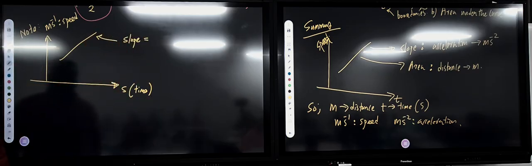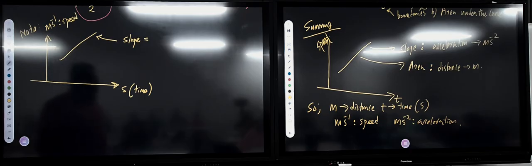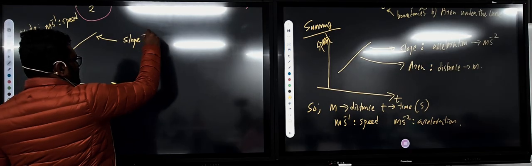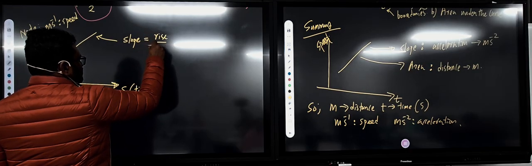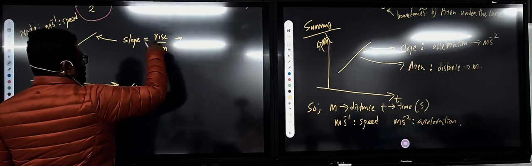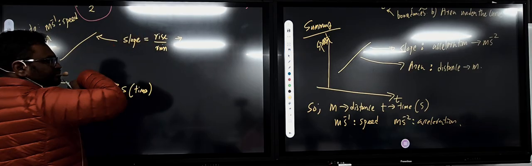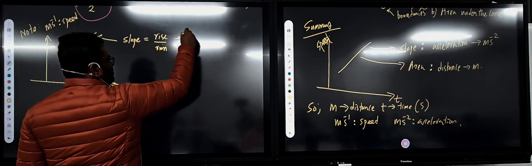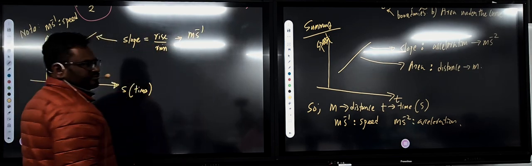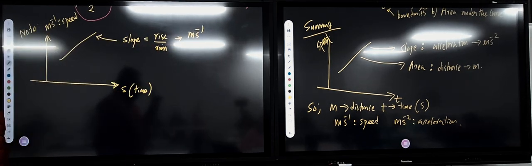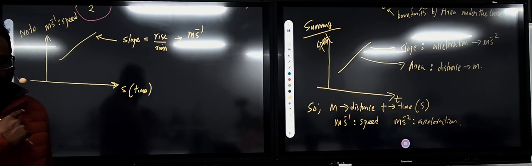How do you find the slope? Okay, so slope is rise over run, right? Now look at the units in the rise. Rise means vertical. What are the units in the vertical? ms minus 1, right? What's ms minus 1? Speed.